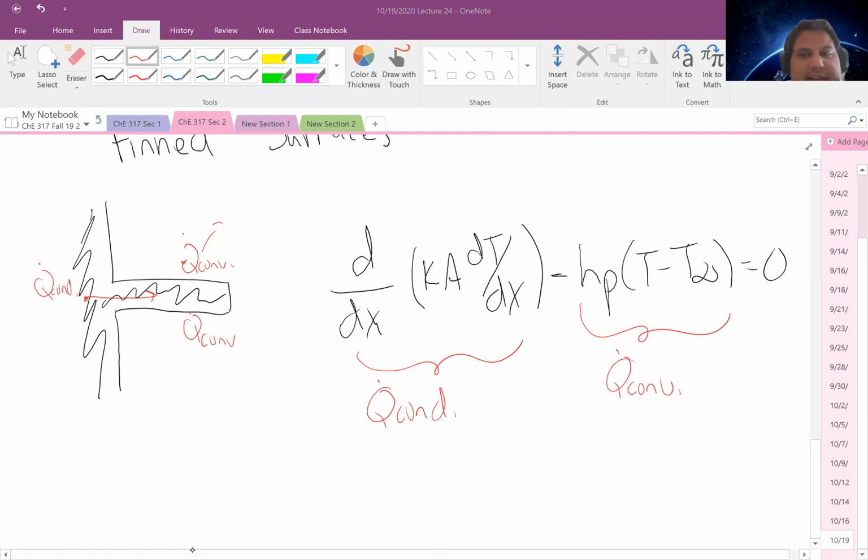There exist a lot of different ways to analyze a fin, whether you're looking at something adiabatic or looking at simple corrections to a system.